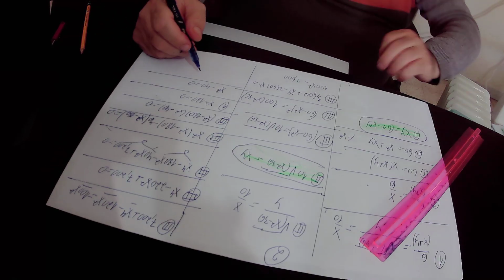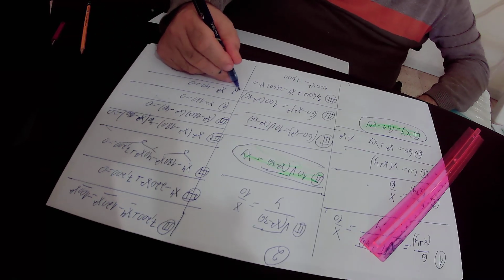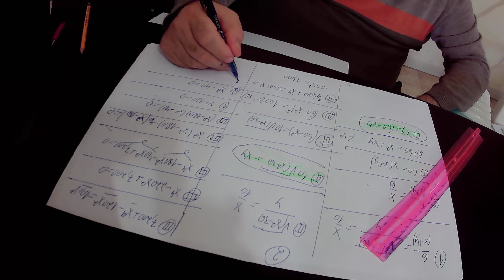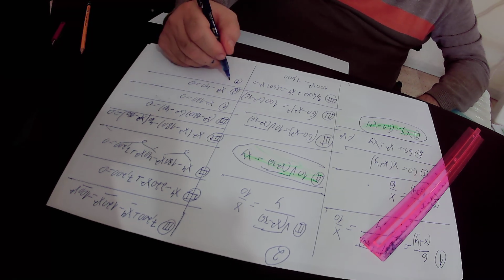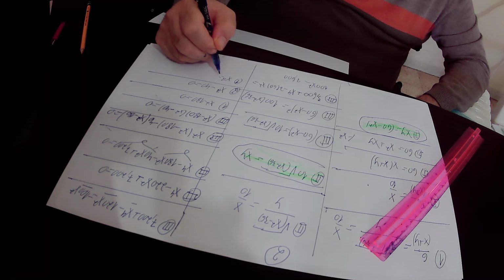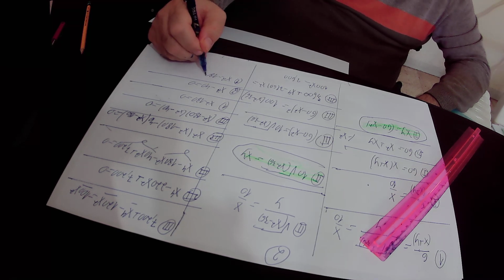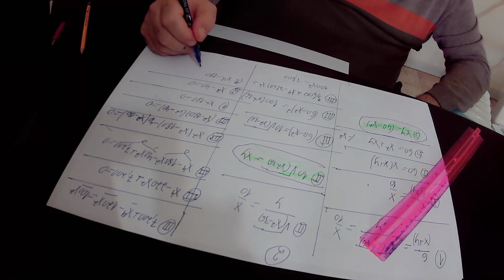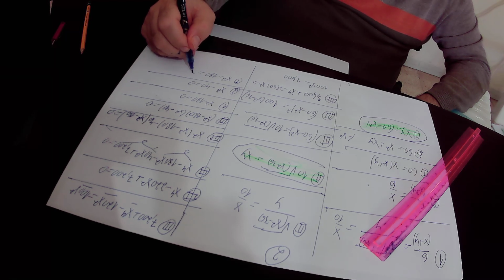So according to the first solution, we get that x squared is equal to 180. 180 is 36 times 5.